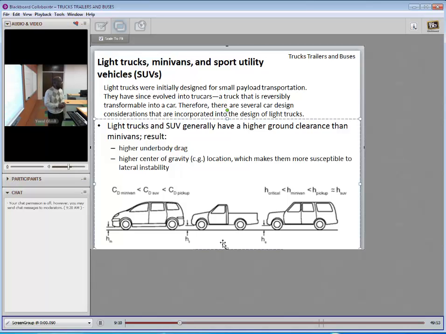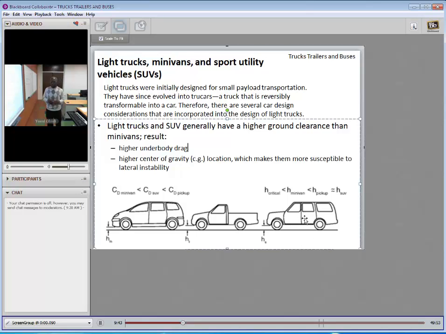We know that the higher the vehicle is, the higher the center of gravity. The center of gravity location makes a vehicle more susceptible to instability if it's high, and it is usually higher for SUVs than for trucks, slightly.